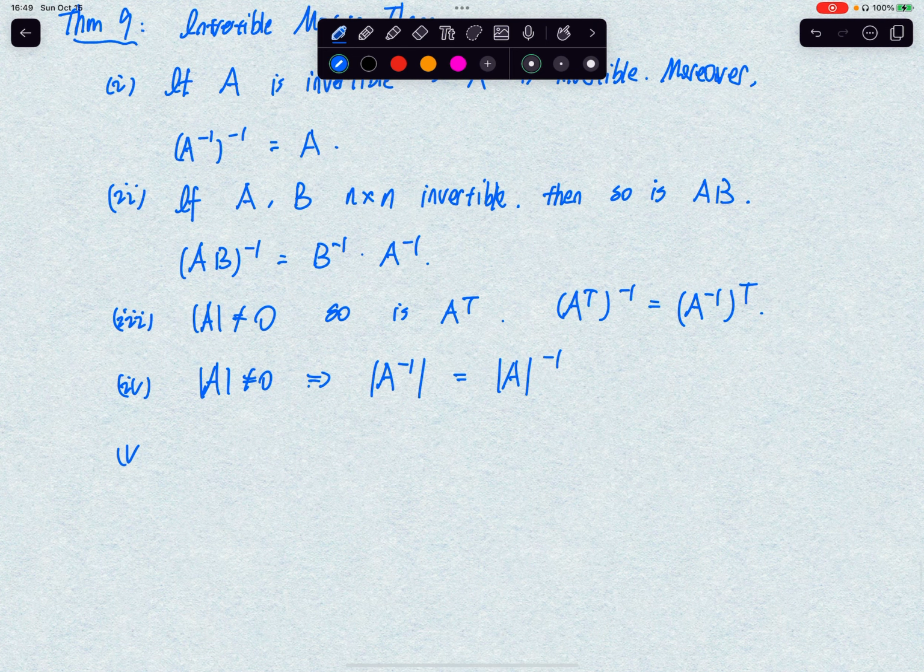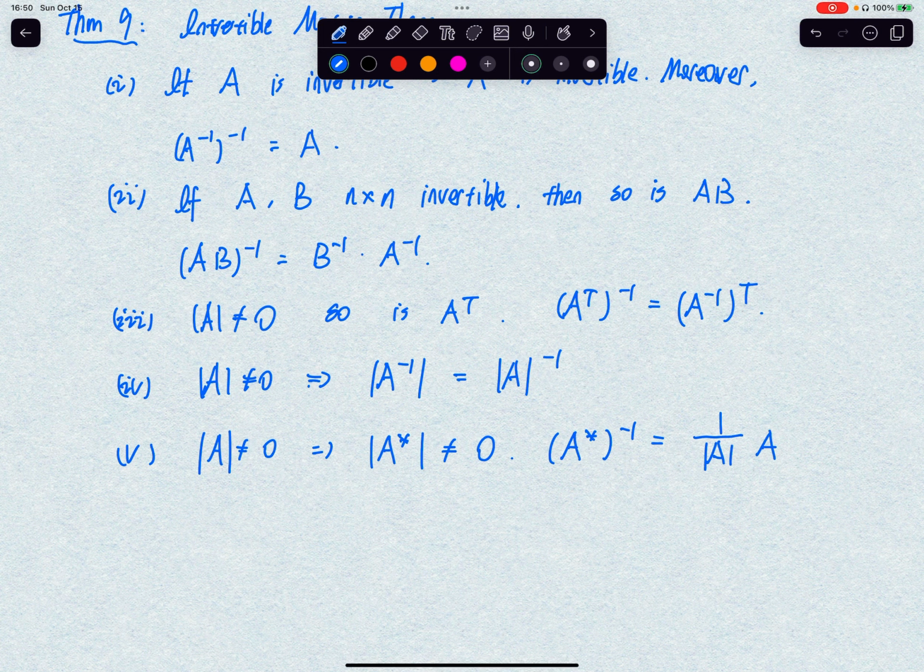And the last result is that if A is invertible, then its adjoint is also invertible. And also we have that the inverse of A star is just this guy.